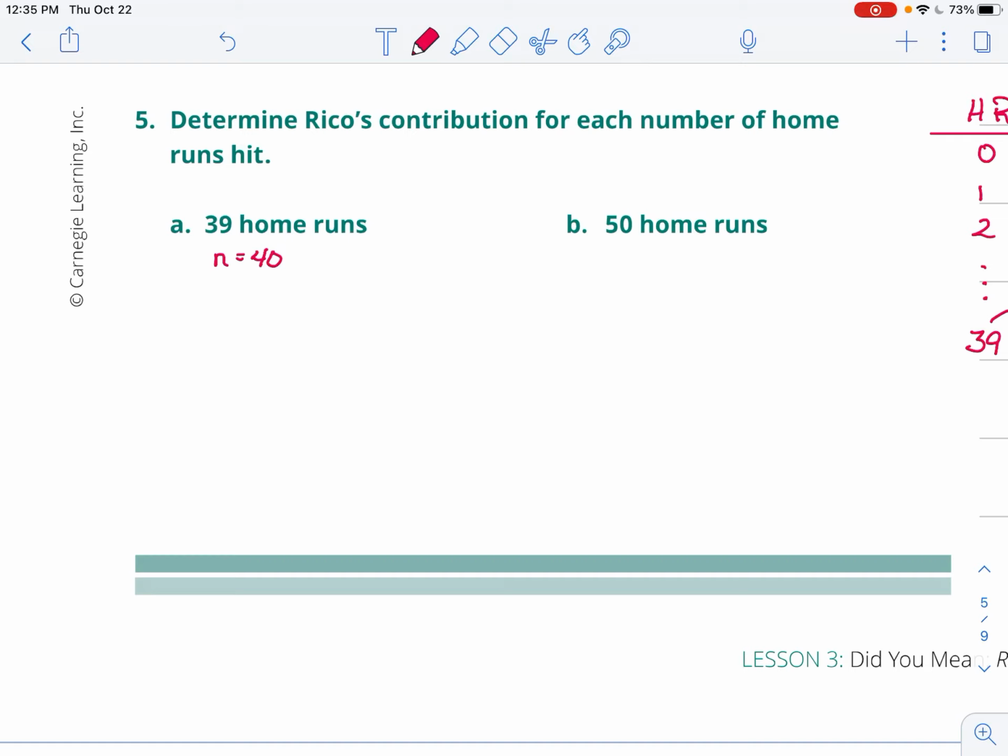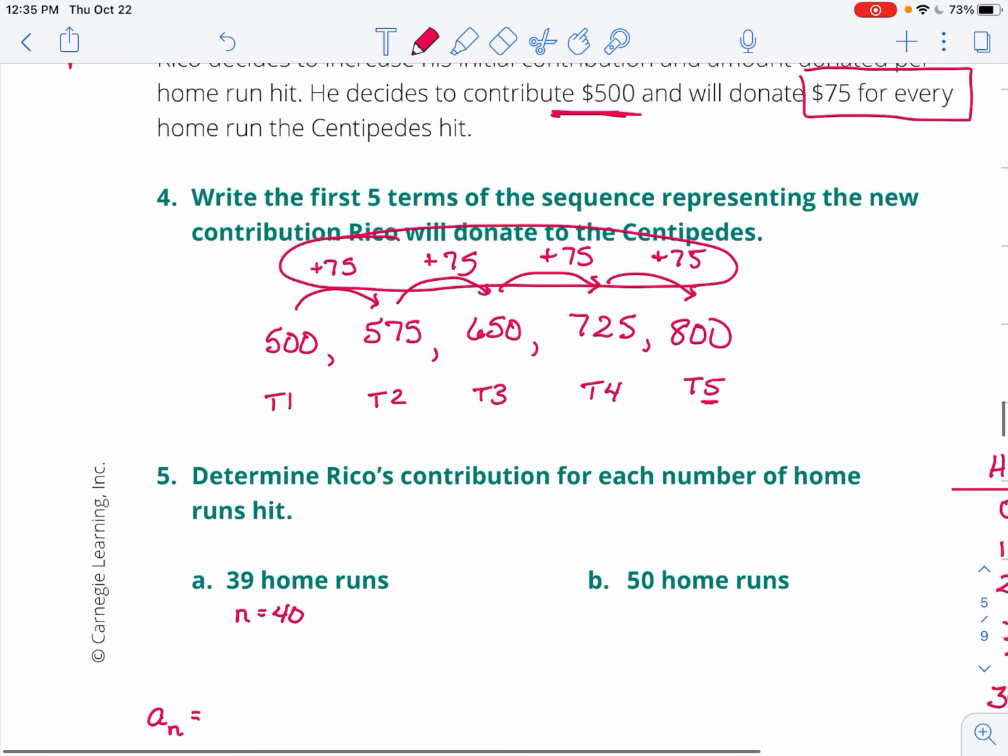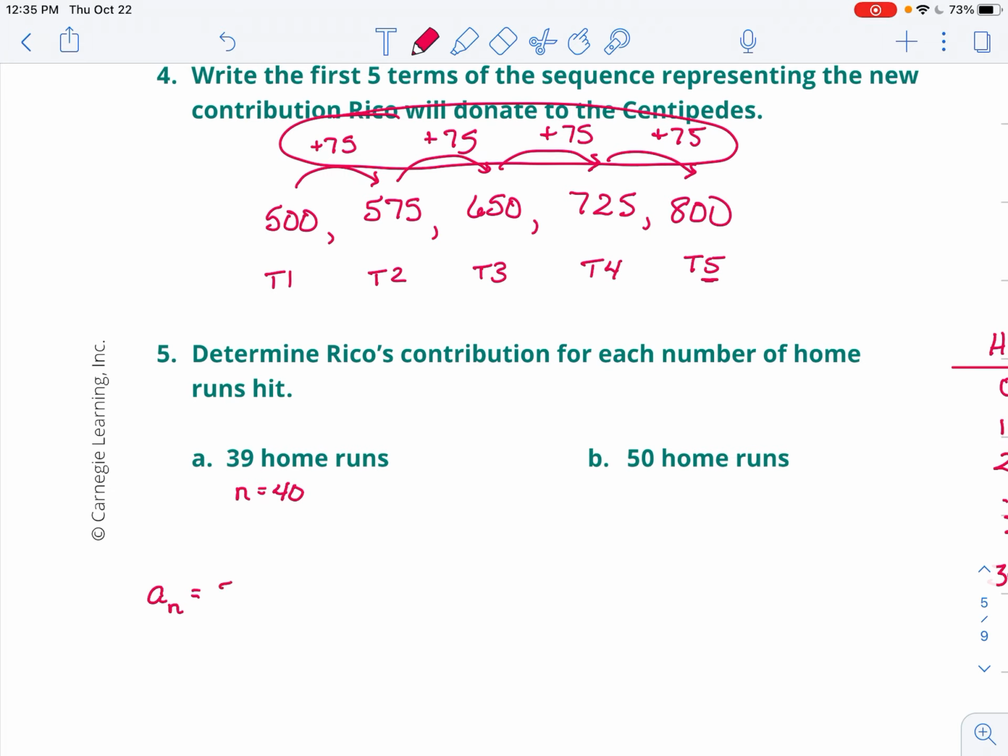If I knew my 39th term, I can just use a recursive formula. I don't know my 39th term, so I have to use an explicit formula. The explicit formula says that we can find any term, so I'm just going to write A sub n, any term can be found by taking your initial amount, my first term in the sequence, 500, and adding on a certain number of your common difference.